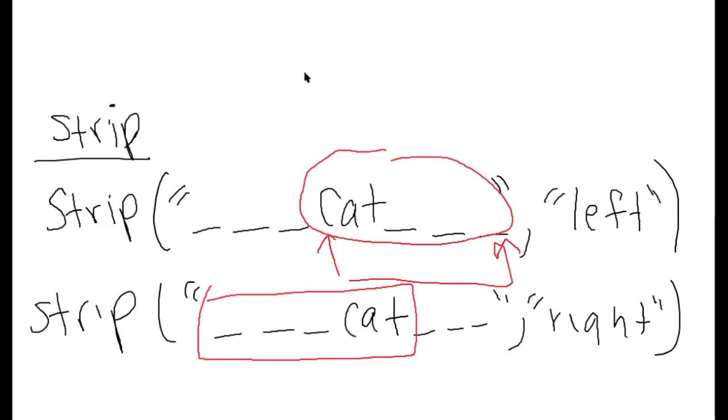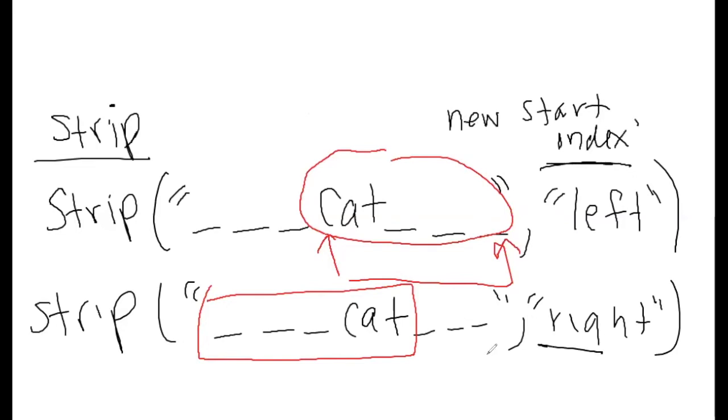So basically there are 2 separate mini problems here depending on the second argument. If it's left, we need to figure out a new start index. And if it's right, we need a new end. All right, so let's take a look at how we would do this in code.